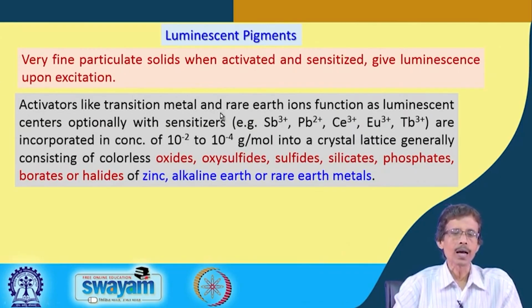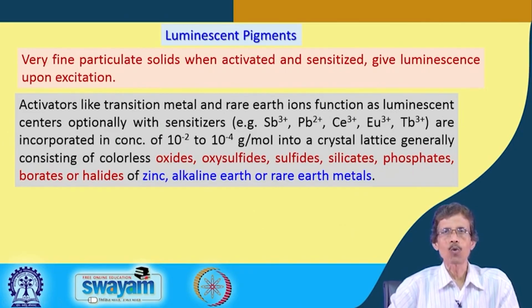So, the transition metal ions or the rare earth ions, that means the lanthanides or lanthanoids, can function as luminescent centers. So, like your cobalt doping, we can dope the material with transition metal ions or some of these rare earth ions, because the rare earth ions function as luminescent centers, as the luminescent behavior of the lanthanides is well known and well established.